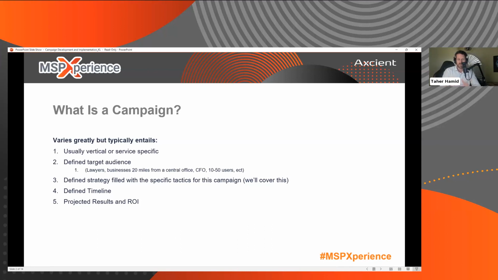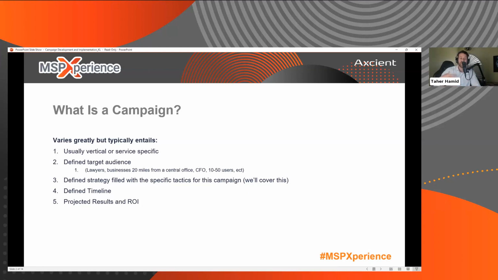So a couple of key features of a campaign: they are usually vertical or service specific. At least all the campaigns we've run, we're either targeting a vertical or we are communicating and trying to get leads for a specific service: Microsoft 365, co-managed, cybersecurity, VoIP, et cetera. Needs to have a defined target audience. Otherwise, you are marketing into a vacuum. You have to have a defined list of people you're going to be going after with this campaign.